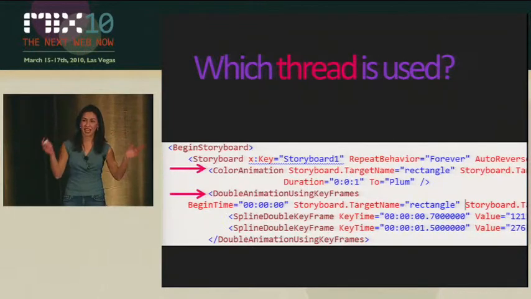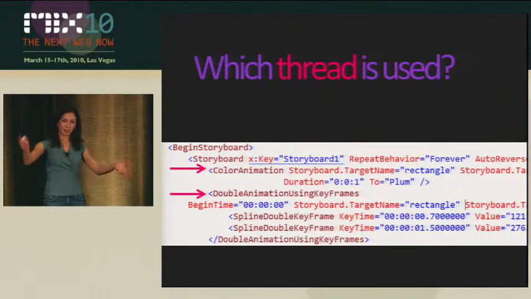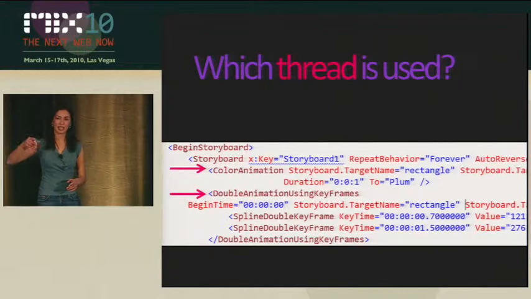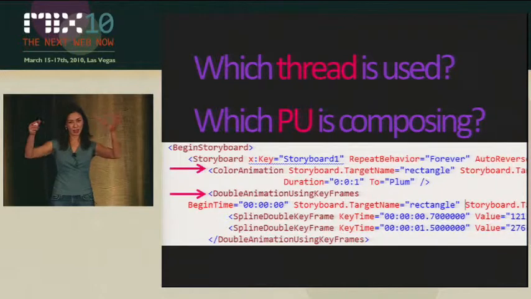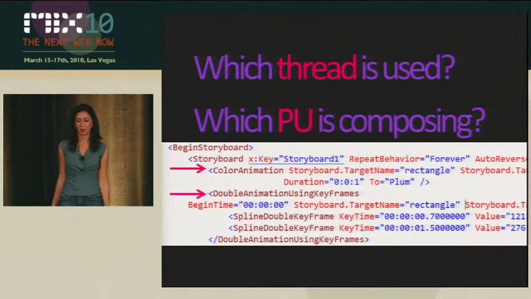The UI thread, exactly. What thread is being used for the translate transform? The render thread, because the translate transform can be executed by the GPU, and so therefore it's off thread. And that gives me the second question, which one is being used by the GPU? The animations done by the render thread, the translate transform, can be executed on the GPU. The color animation will be done on the CPU.